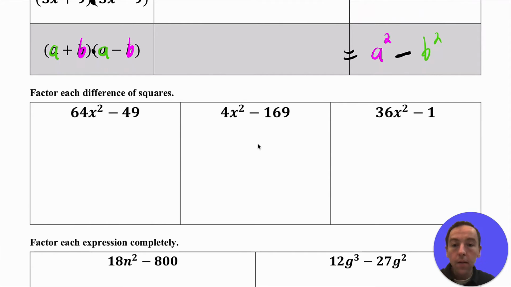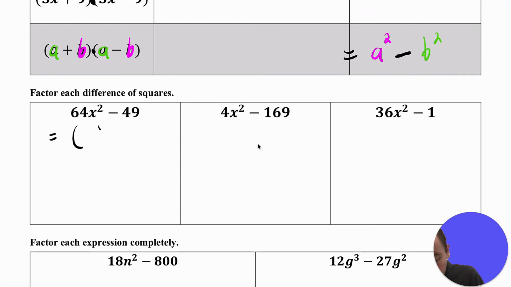In these three boxes, we want to try to identify if they are of the form A squared minus B squared. With the very first example, there is no middle x term. You just have the x squared term and a constant, so they're both perfect squares.